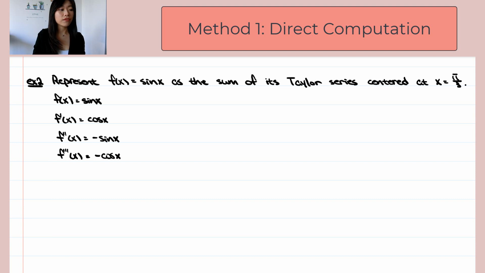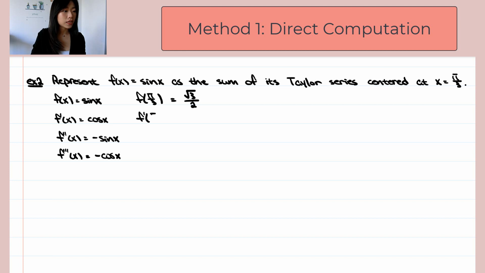And we know that the pattern of the derivatives will repeat in a cycle of 4. Now let's find the derivatives evaluated at x equals pi over 3. So for the original function, f of pi over 3, sine of pi over 3 equals square root of 3 divided by 2.